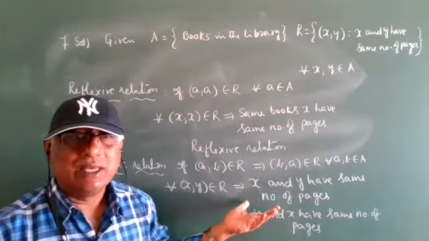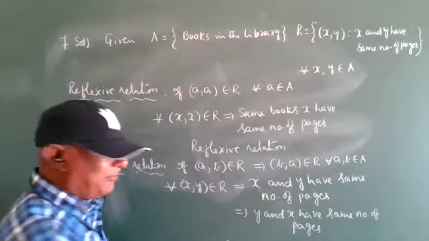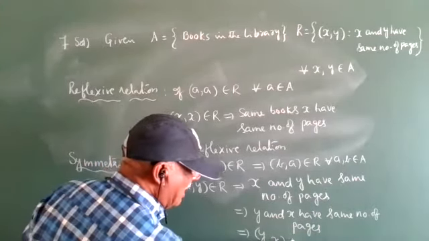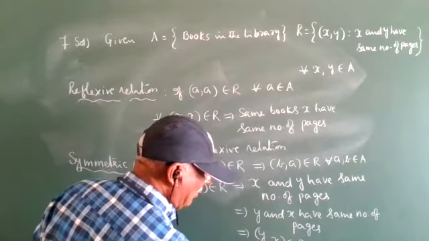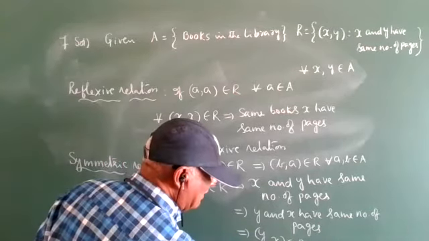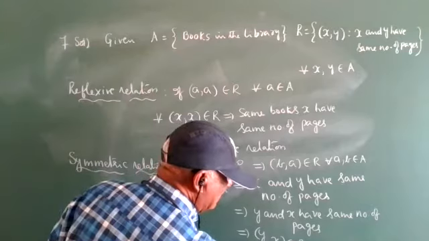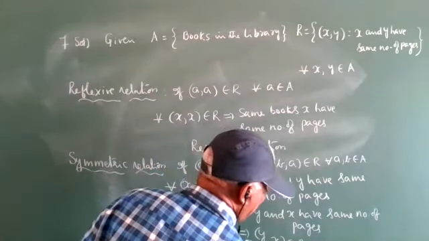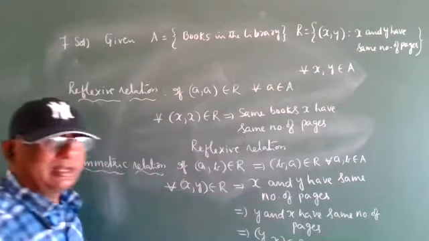That means y and x have the same number of pages. Therefore, (y, x) belongs to R. Therefore, symmetric relation.